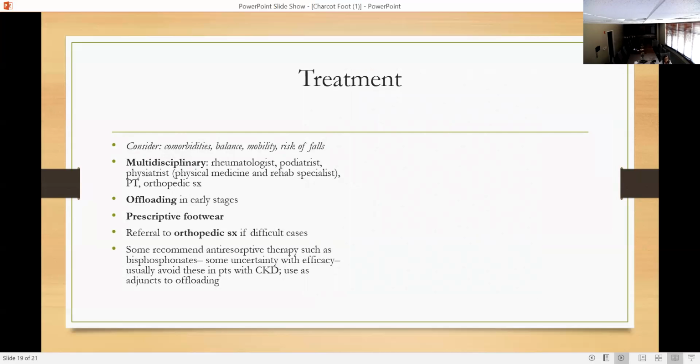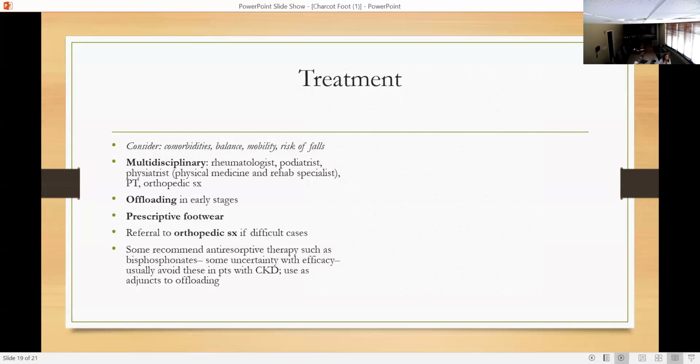So what you want to consider when you're treating these patients, of course, their comorbidities, their balance and mobility, and risk for falls. And sometimes we do get other disciplines involved, including rheumatology, podiatry, physical therapy, sometimes rehab, PT, and sometimes in cases, orthopedic surgery. So the early stages, we definitely want to offload these feet because we want to reduce pressure, especially if they've got fractures.